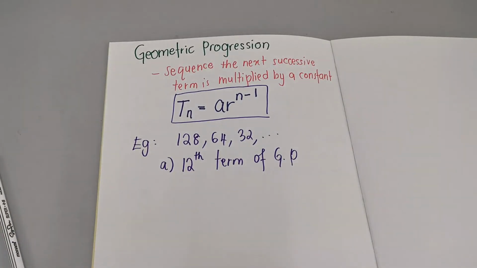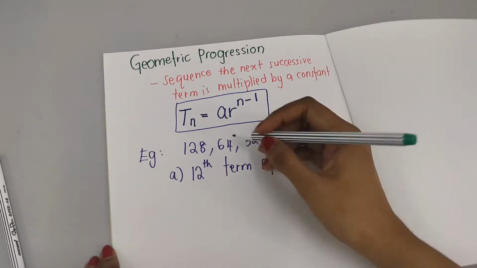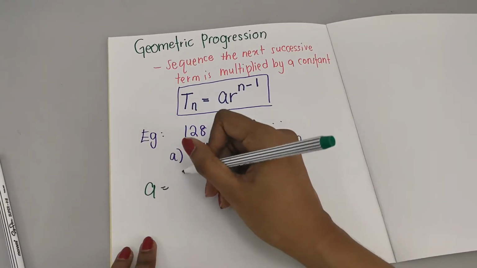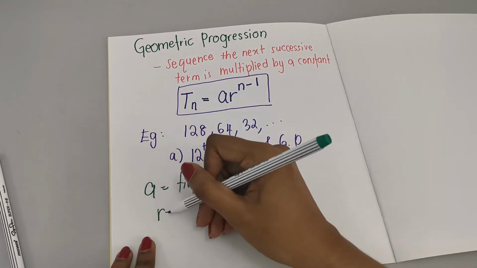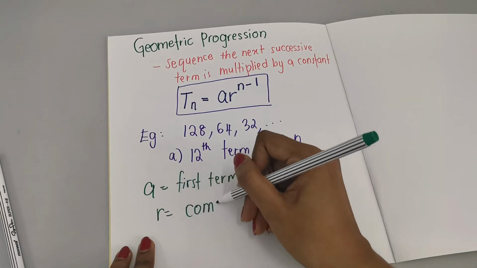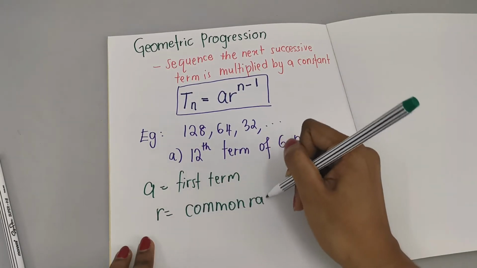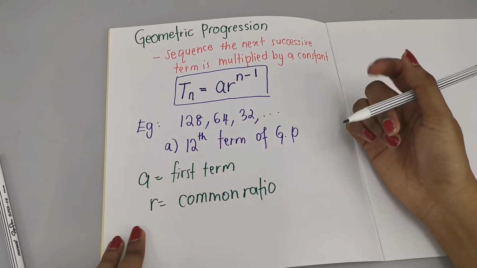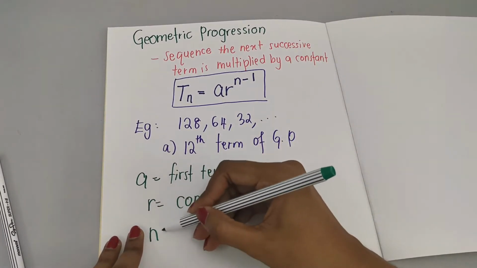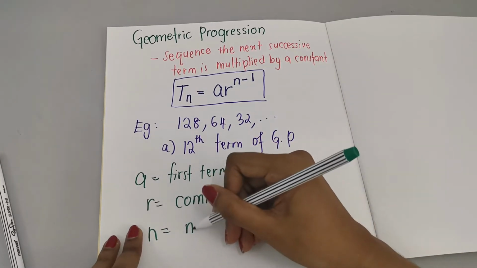Now what you're going to do is, of course, first you need to know what is your A. A is actually your first term. What is your R? R is your common ratio. For arithmetic, it's common difference. So for geometry, it's common ratio, and n we know as the number of terms.